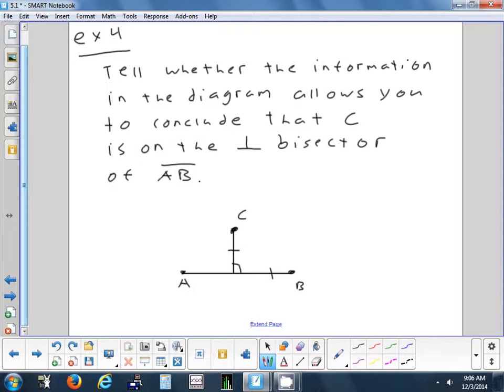From the bottom, from A to, you want to label that? Sure, D. From A to D needs to be congruent, and from B to D needs to be congruent. That'd be a different way to do it, yes. So you either have to know from A to C and B to C, that's the same, or you have to know from A to D matches B to D.